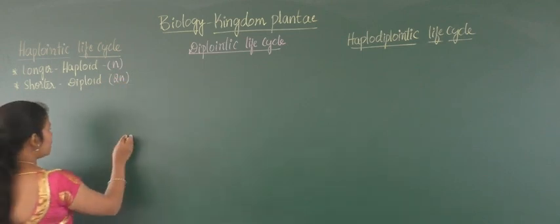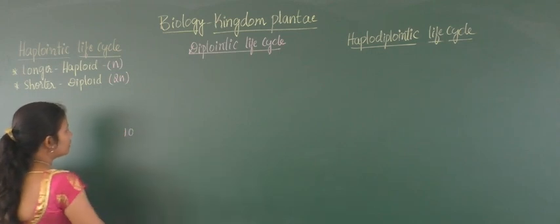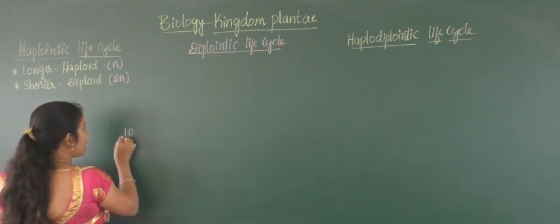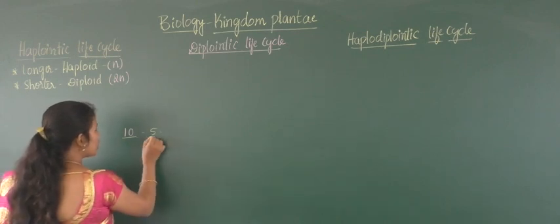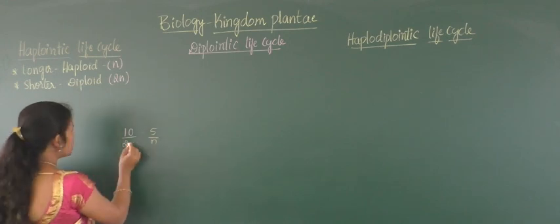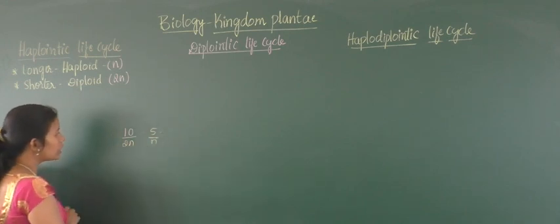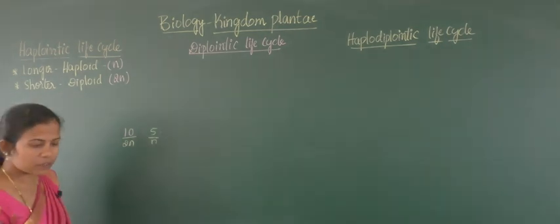For example, if the number of chromosomes present in an alga is 10, the half number will be 5. So the majority of the lifespan will be in the n condition, and a very short period will be the 2n condition. On this basis you can analyze the haplontic life cycle.